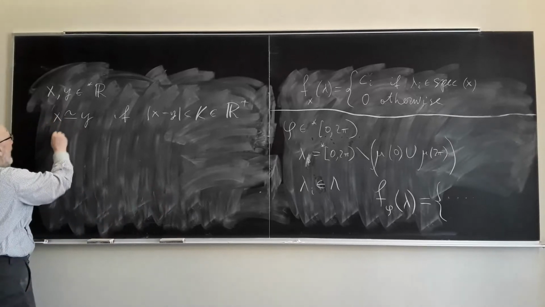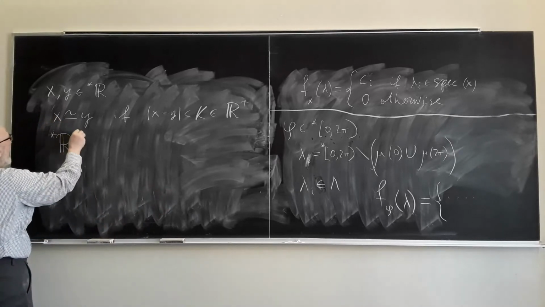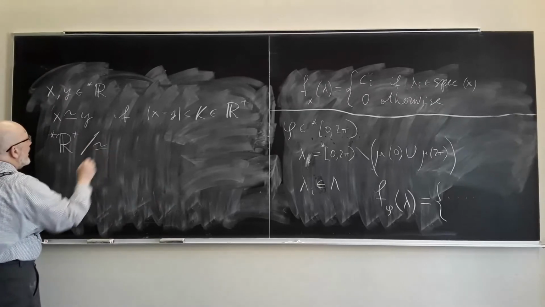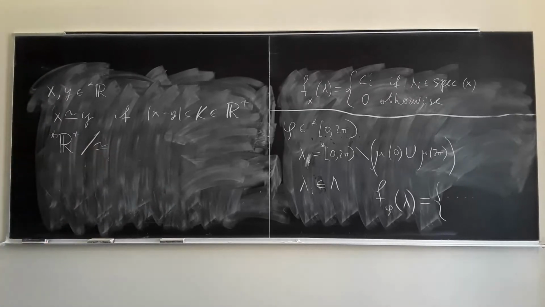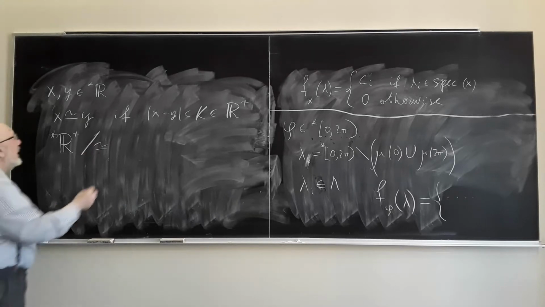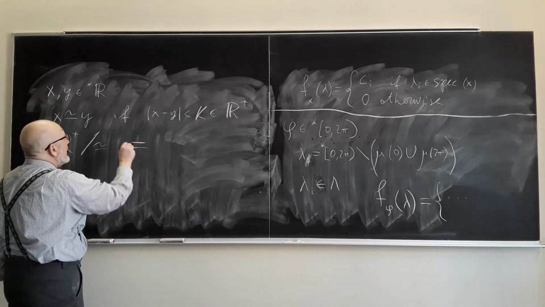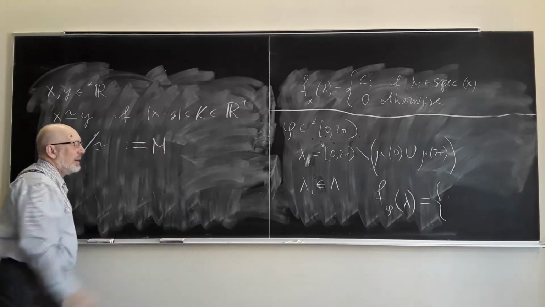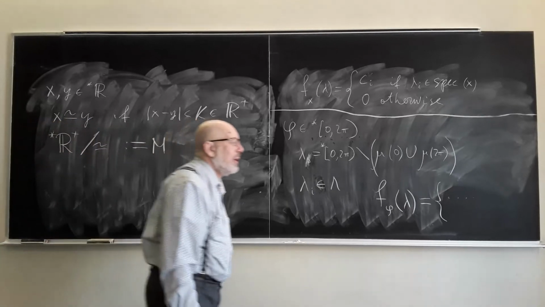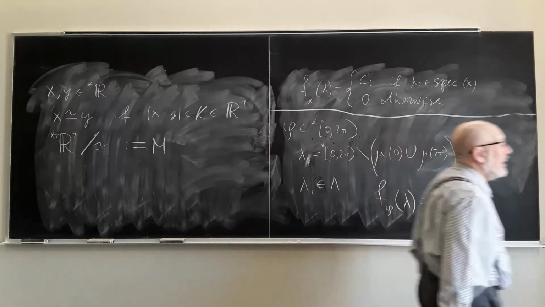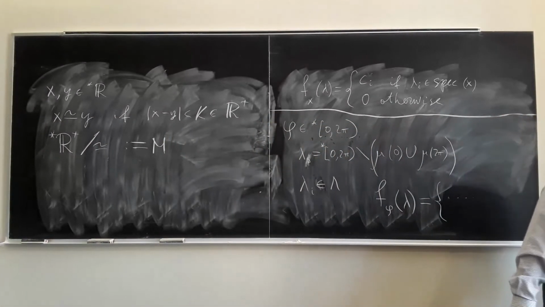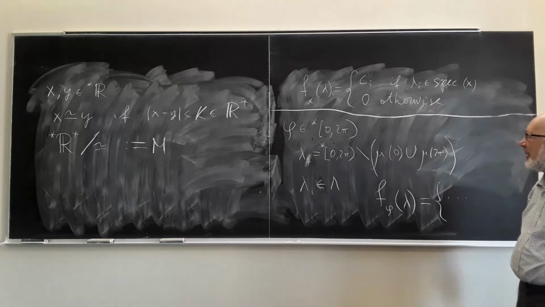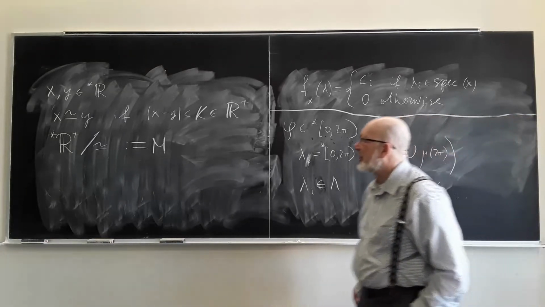So star R plus factored over this identity relation, let me denote it by M. It is different. The previous lambda was a sort of multiplicative division, and this is additive division.